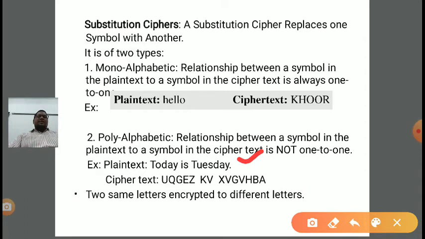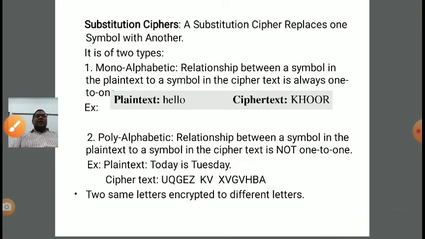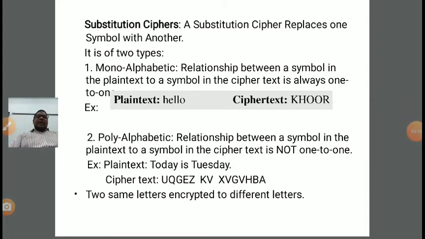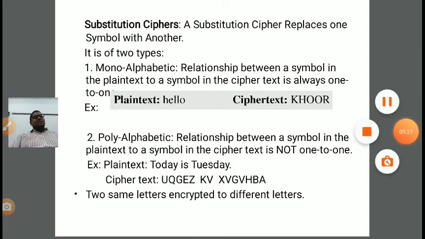The concept is that in polyalphabetic, two same letters can be encrypted to different letters. In monoalphabetic, two same letters are encrypted to the same letter in the ciphertext, but in polyalphabetic, two same letters can be encrypted to different letters.